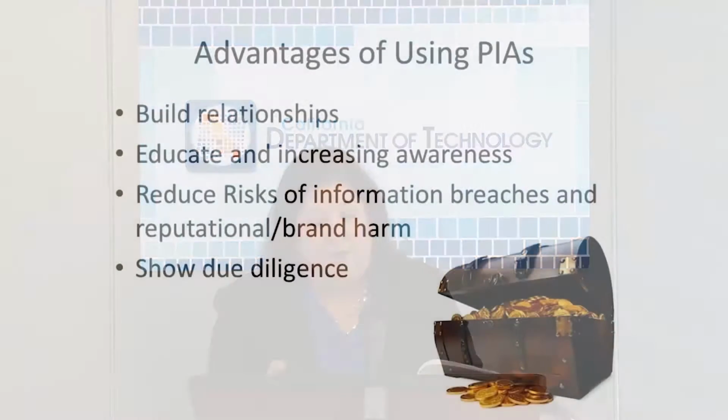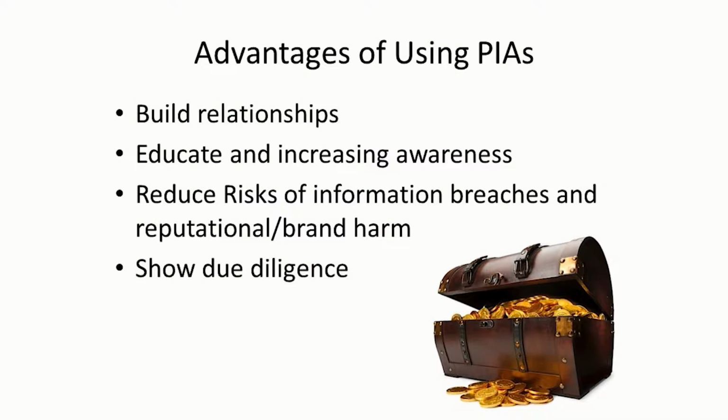The advantages of using PIAs and repeatable processes to manage privacy risks include other benefits besides risk reduction. You identify where your personally identifiable information, PII, is being processed, or if it's being processed in new ways. You educate your stakeholders and business partners and increase awareness of the proper use and handling of PII.